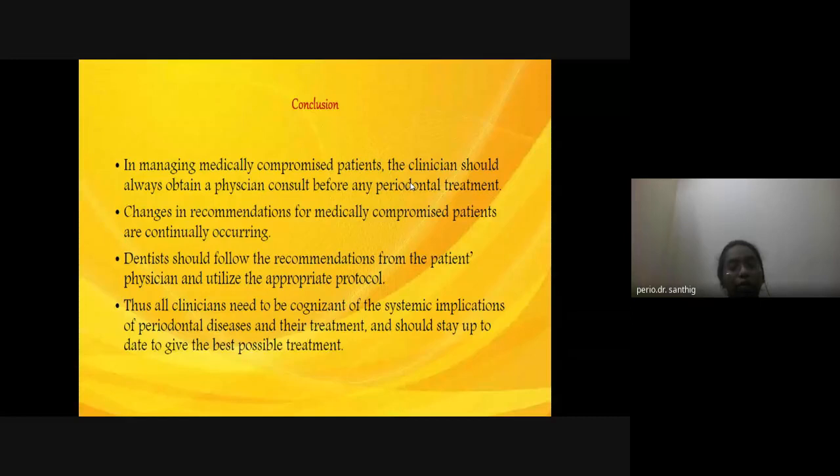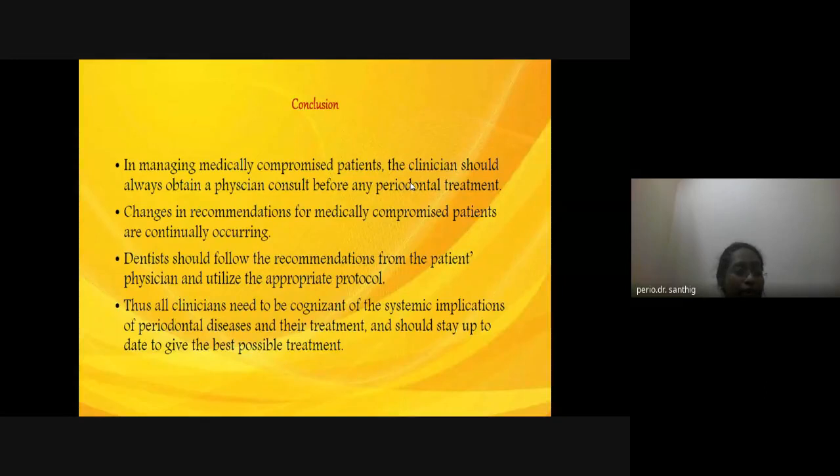So, in conclusion, in managing the medically compromised patients, the clinician should always obtain a physician consult before any periodontal treatment. So, in all these medical conditions, you have to take the physician consent before doing any procedure. And also during change of any drugs for the patients, you have to take the consent.